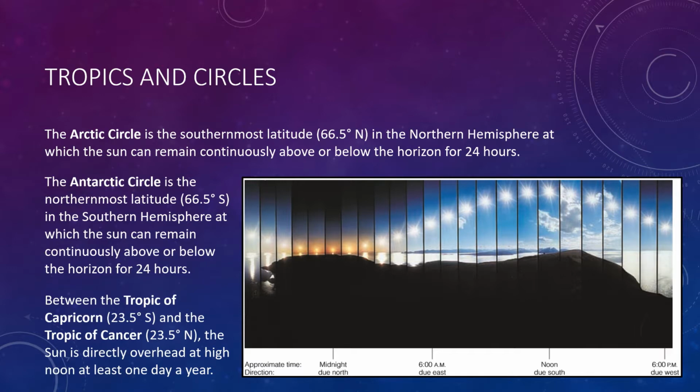The circle around Earth at 66.5 degrees north latitude is called the Arctic Circle. If you have our textbook, which is Universe, you can refer to image 2-17 for that. The corresponding region around the South Pole is bounded by the Antarctic Circle at 66.5 degrees south latitude.